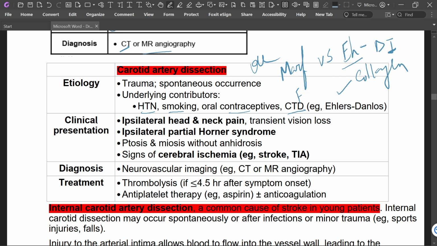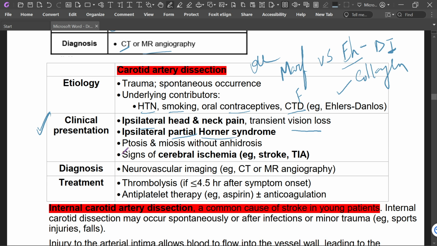Okay. Clinical presentation: there is head or neck pain, ipsilateral head and neck pain. I have already told you that there may be neck pain, as there is neck manipulation. There may be transient vision loss and ipsilateral partial Horner syndrome. In this Horner, there is ptosis and miosis, but without anhidrosis. There is ptosis, miosis, but not full Horner.